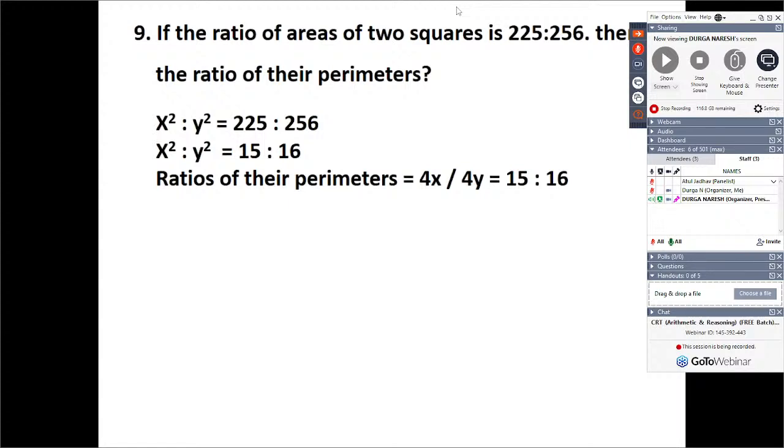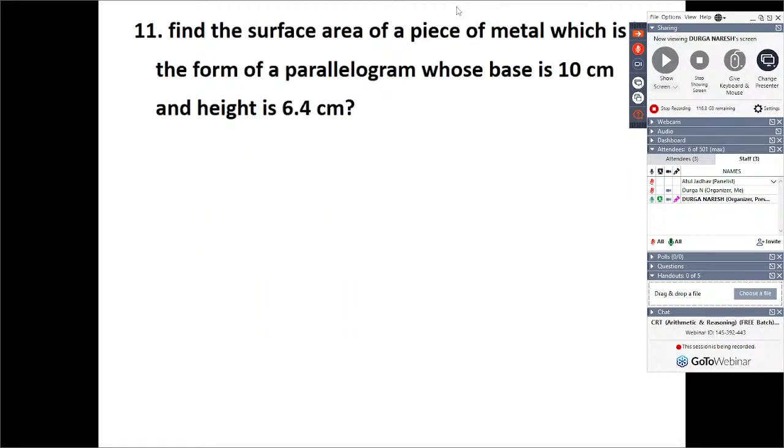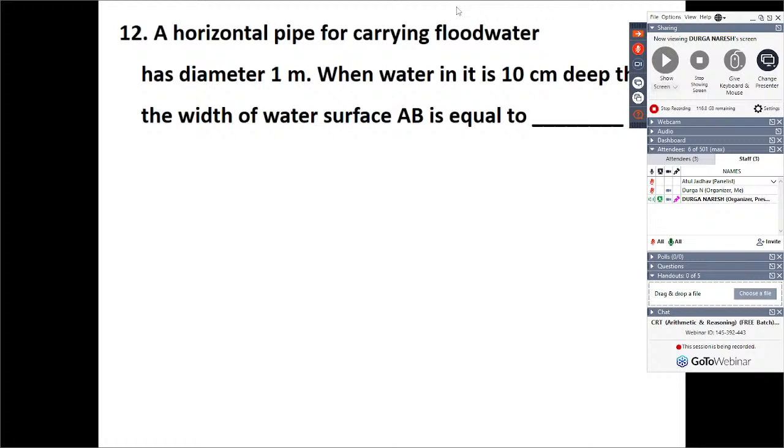Next one. Right on the last one. A horizontal pipe for carrying flood water has a diameter of 1 meter.